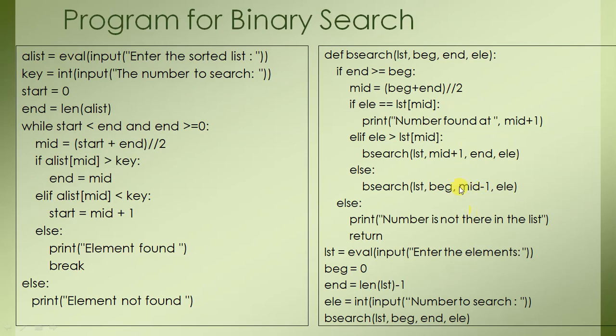Again these processes will be executed again and again until either you find that number at a particular location, or the number does not exist in the list. So there are two conditions: either you find that number, or you do not find it and then return back. Okay, so this is the approach of binary search using iteration and recursion.